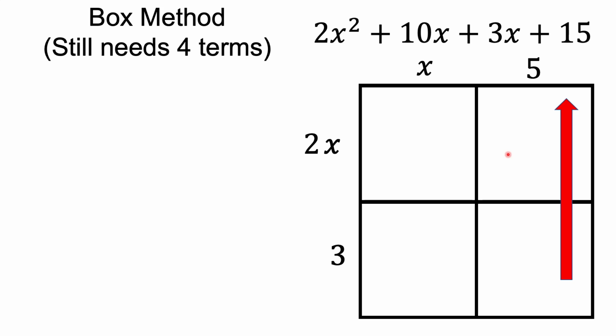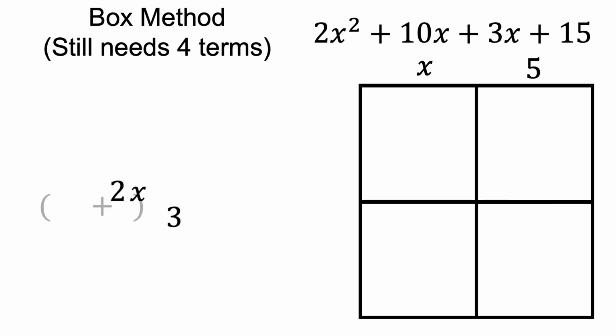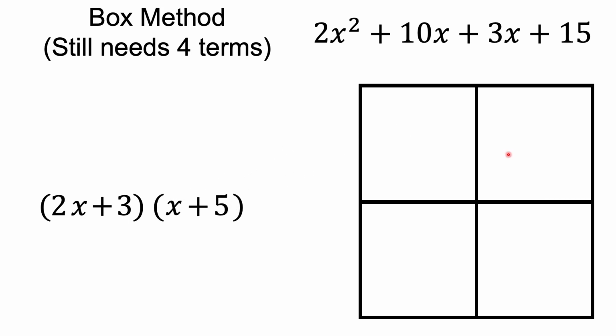That's one reason why I personally prefer factor by grouping over the box method, only because the negatives make a little more sense there. But basically you would just take these and put them in parentheses, and you get the same answer as with the other method.